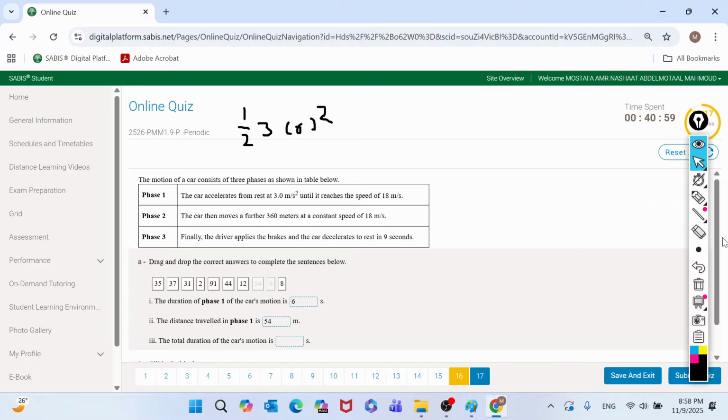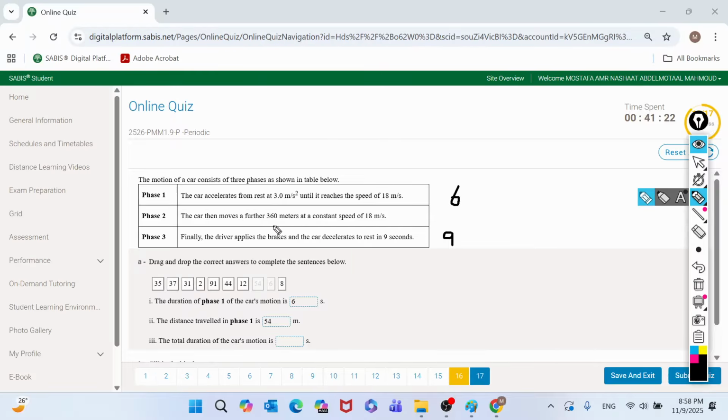Okay, the total duration of the car's motion. So what's phase 1? 6 seconds. What's phase 2? We don't know. And the last phase is 9 seconds. So we need to find phase 2. We're going to use again x equals vt plus x0, I think.